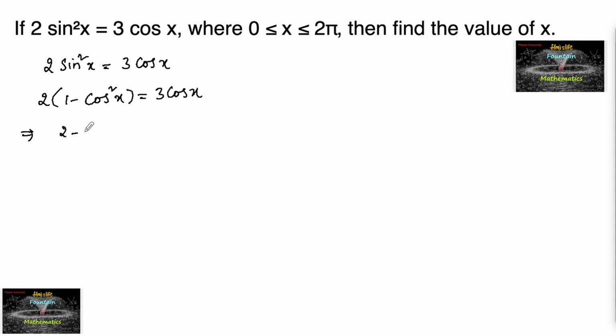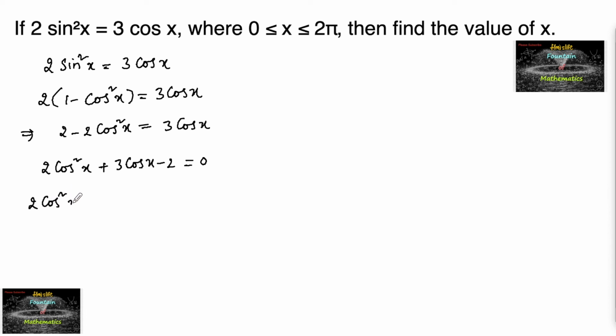So which implies 2 minus 2 cos square x is equal to 3 cos x. So that is 2 cos square x plus 3 cos x minus 2 equals to 0, or we can write this as 2 cos square x plus 4 cos x minus cos x minus 2 equals to 0.